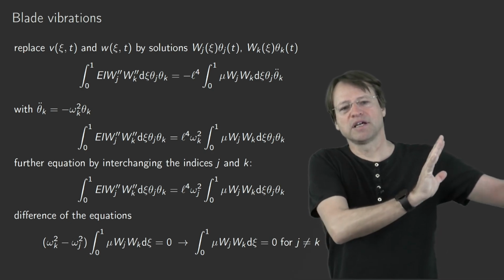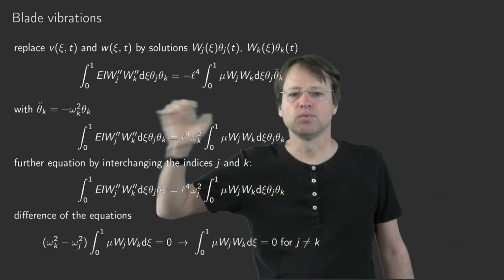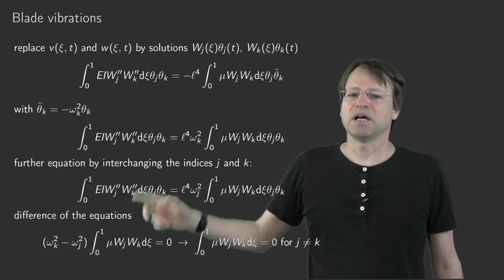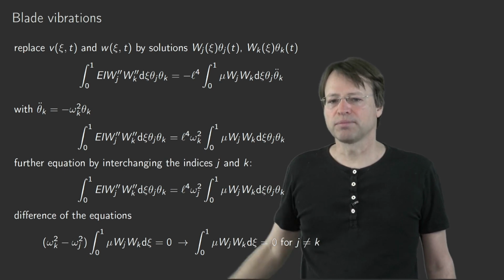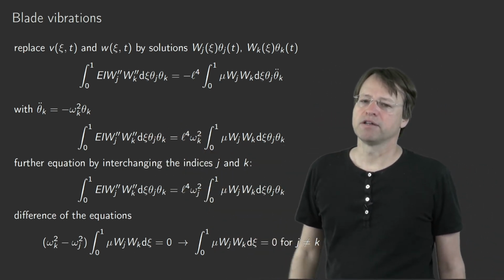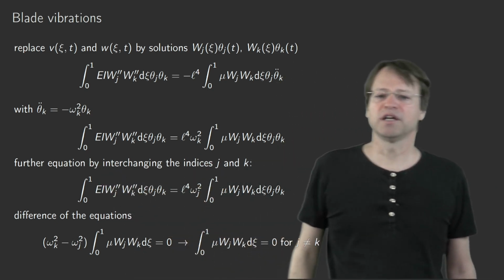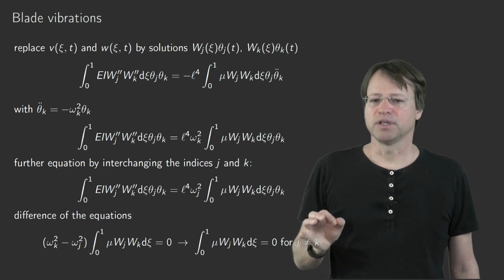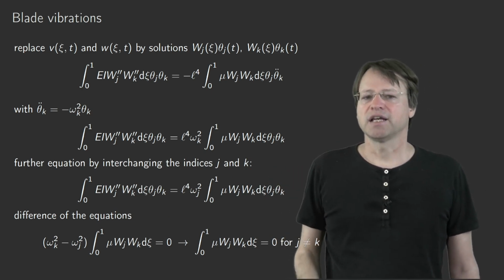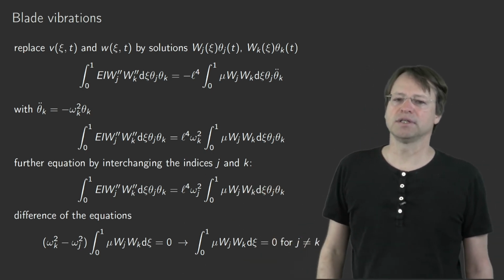And then the right-hand side is perfectly symmetric. For the left-hand side, you would have a perfectly symmetric integral, but the symmetry is disturbed by the factor of 1 divided by omega k squared. And of course, you will do the same with the second equation, where you have 1 divided by omega j squared. And as omega k and omega j are non-zero natural frequencies, and as they are not the same, you can deduce a second orthogonality relationship.